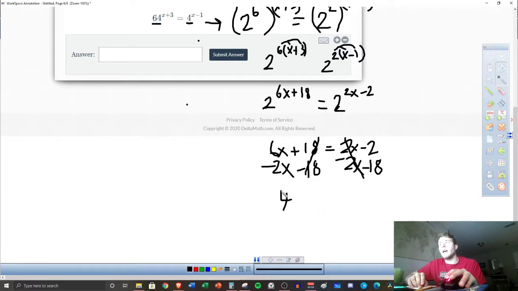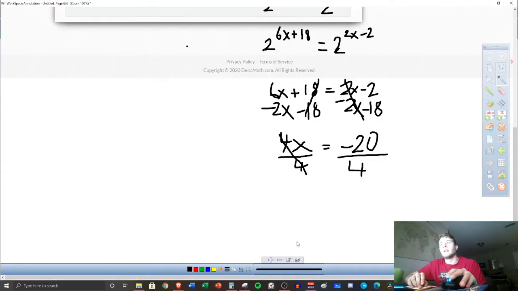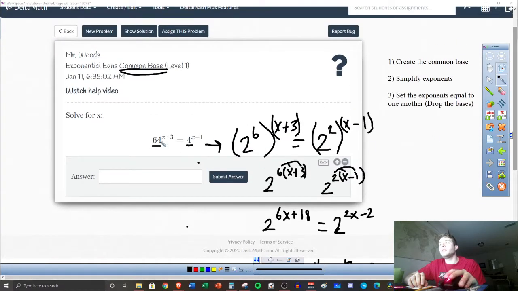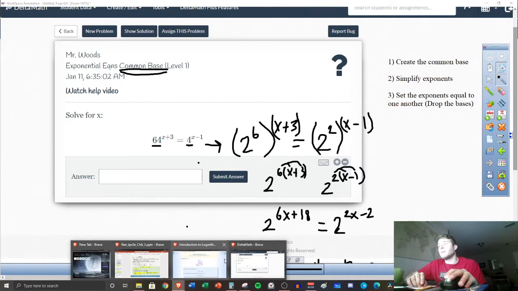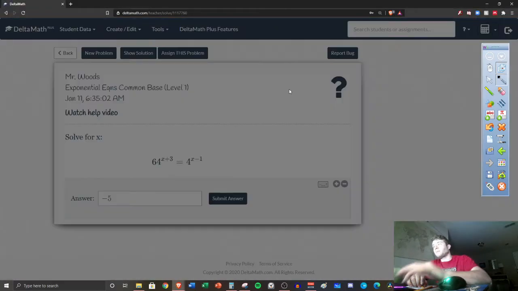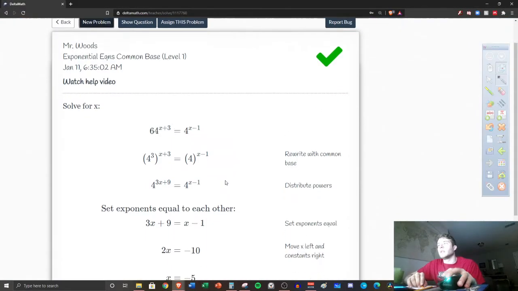We get 4x equals negative 20. Time to divide the 4 away from both sides. This goes away. X is equal to negative 20 over 4, so that's negative 5. I don't need to check anything here. That should be the value that works as an exponent for these problems. So we're going to type negative 5 in. And we got it correct.